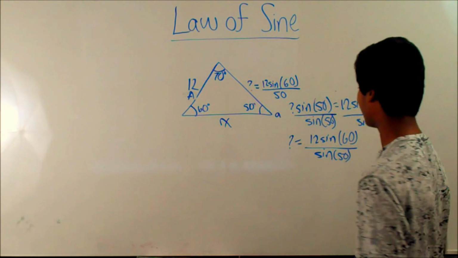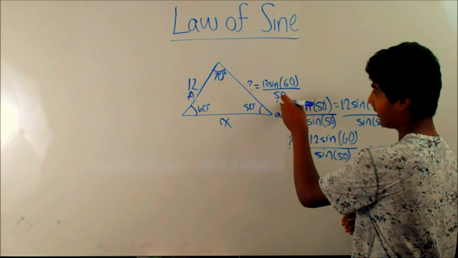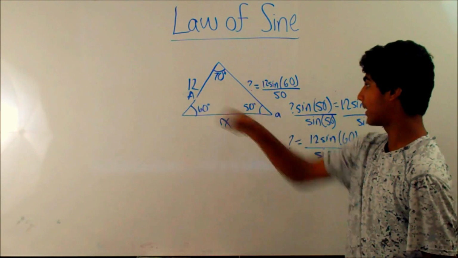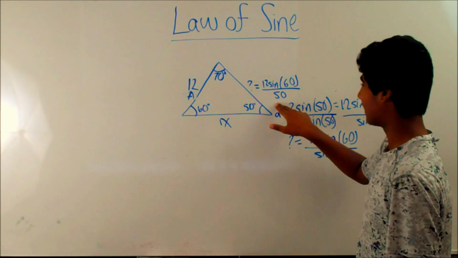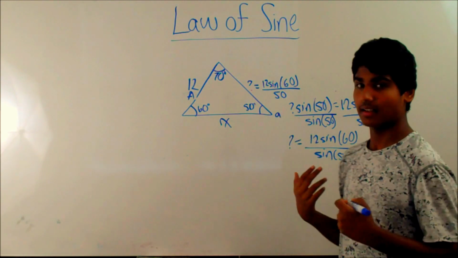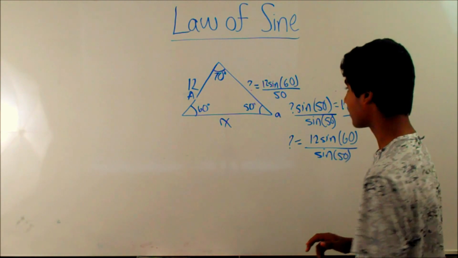We're also trying to find what x is, and since we know this, but we also know what this is, we would use this one because that's a better value to use. This one is not at its simplified form, and this one is a whole number, so it's really easy to use. So we're just going to use that.